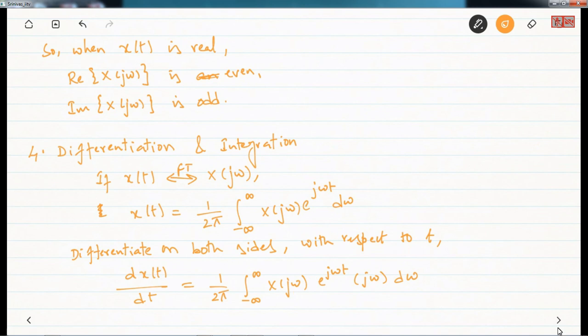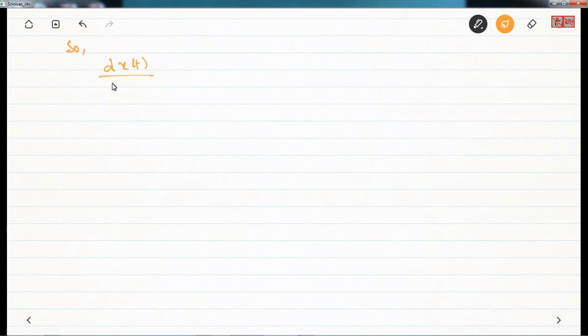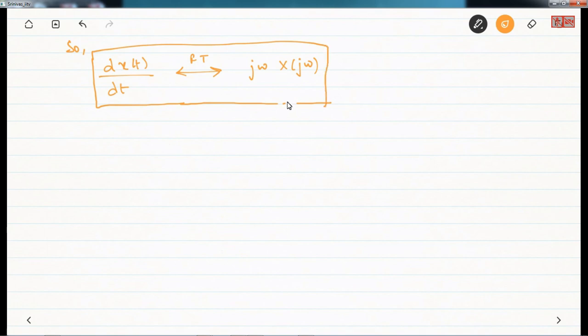right? So from this what we can conclude is that dx of t by dt, its Fourier transform is given by j omega X of j omega.